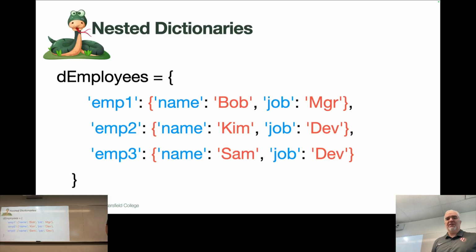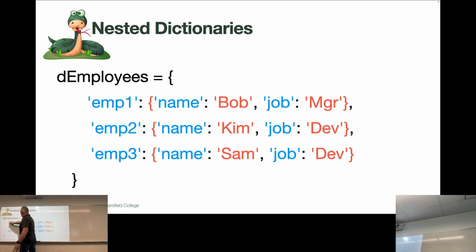We can also have nested dictionaries. A nested dictionary might look like this. This is a relatively simple nested dictionary in which we might have an employee database. In the main dictionary, D employees, we have three items, three key and value pairs.